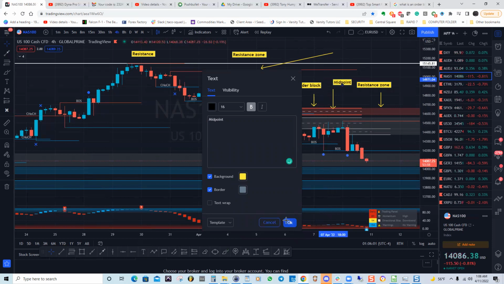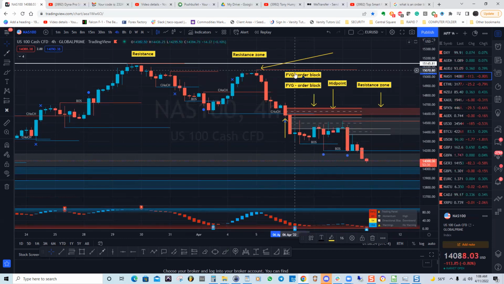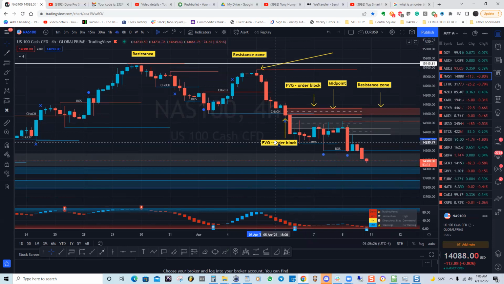Why are these things important? Well, because I can see the overall downtrend, right? It's clearly a downtrend. So when price came down to this candle right here, we can call that the FVG candle. Let me call it here, clone FVG candle.